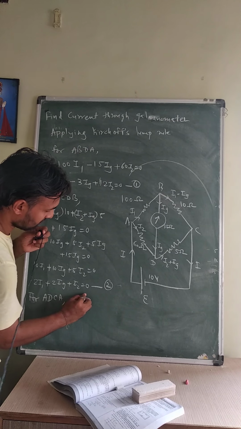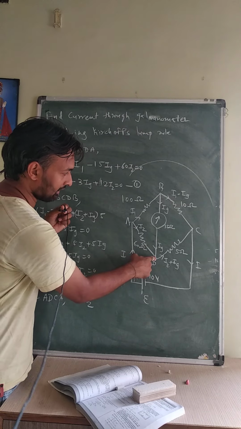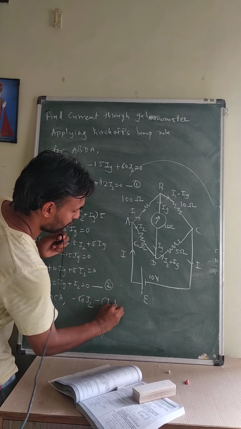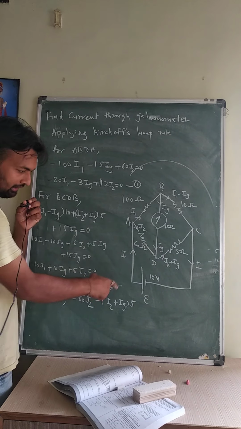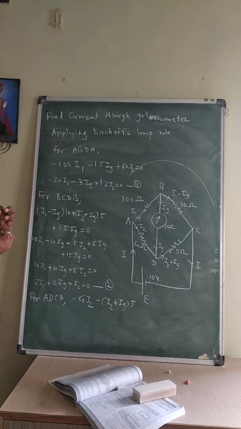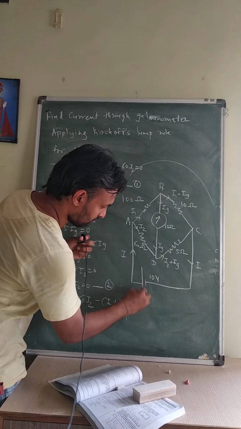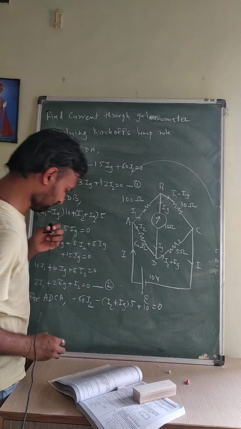So minus 60 I2. From D to C, again minus (I2 plus Ig) into 5, and C to A. Here the voltage of the battery is provided, so that will be plus to minus, so plus 10 equal to 0.